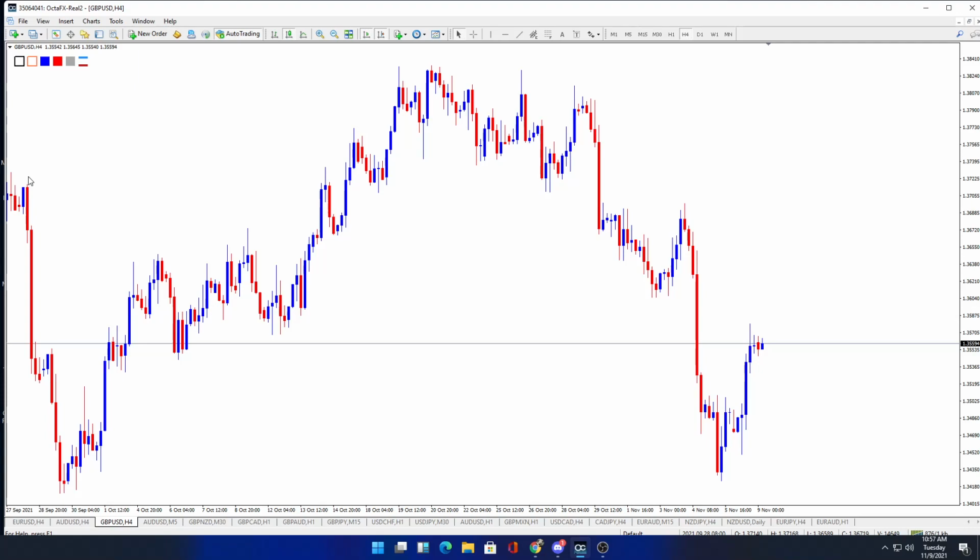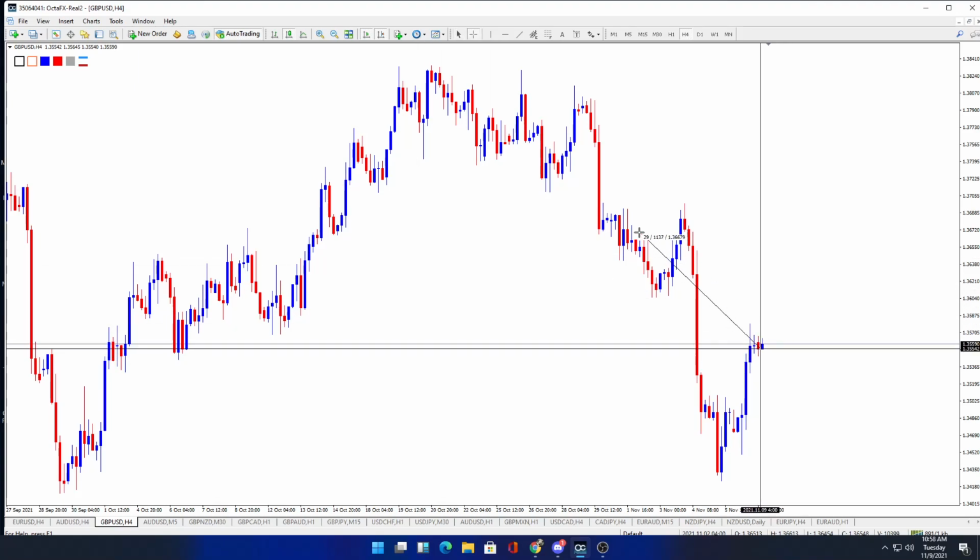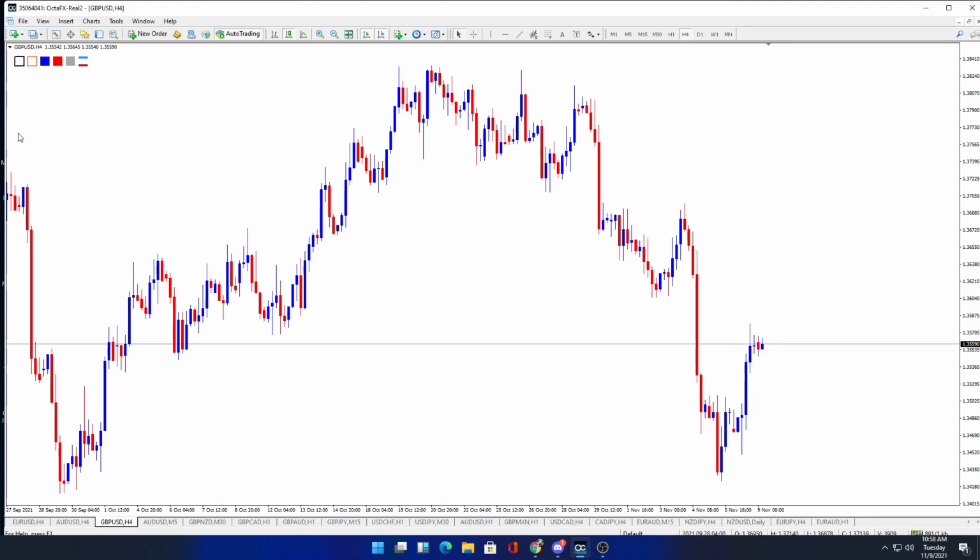And for GBPUSD, from here to here is around. So we're gonna look for GBPUSD for today at this area.